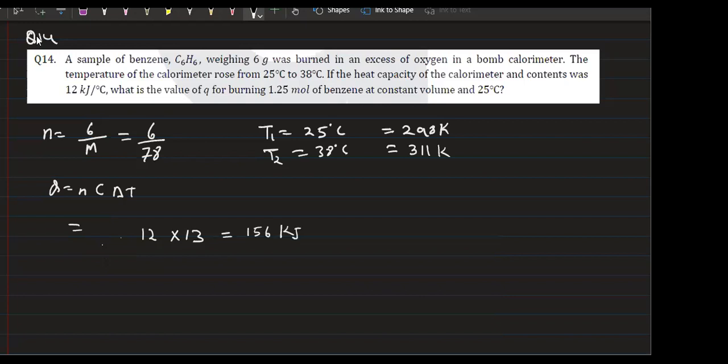So this is total heat. 156 is for 6 grams. ठीक है, for 6 grams, 6 gram means how many moles? 6 by 78 moles. ठीक है, got it, right?